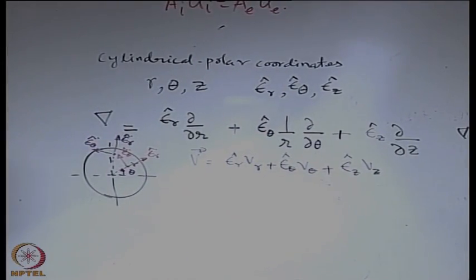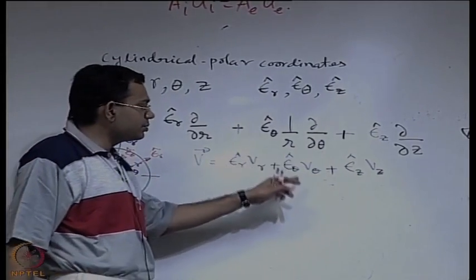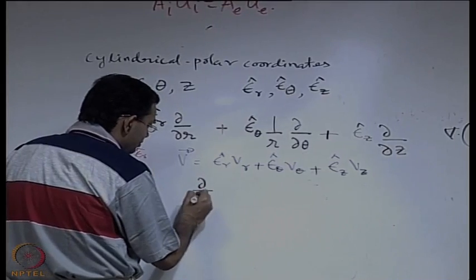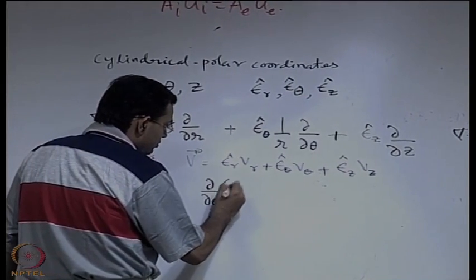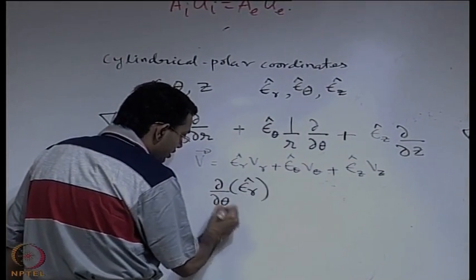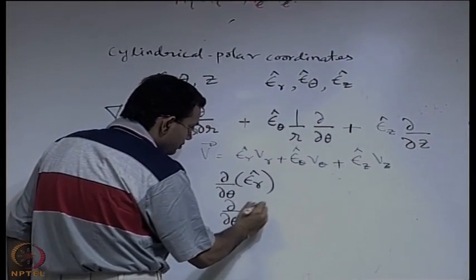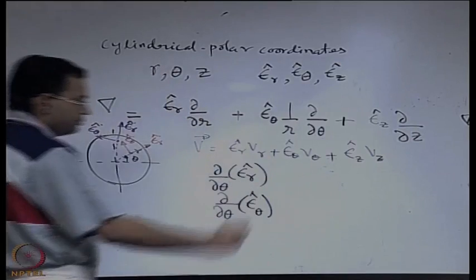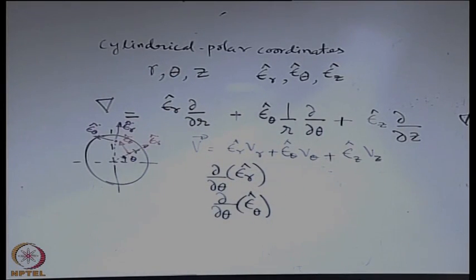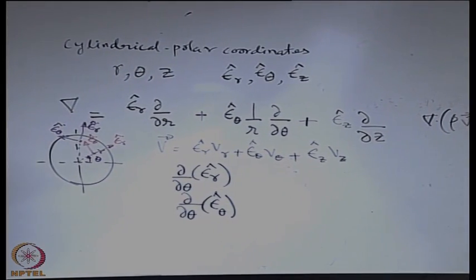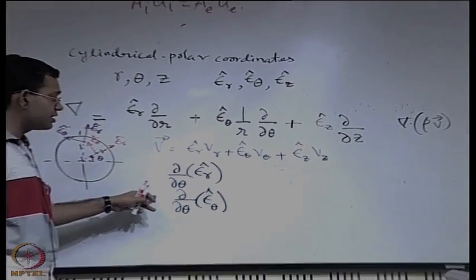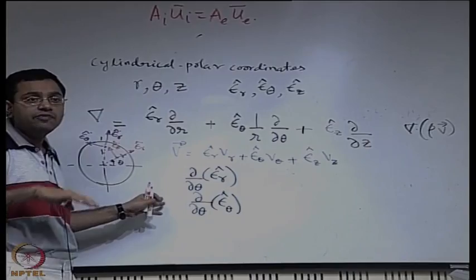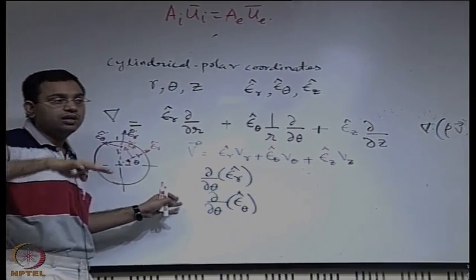So when you are differentiating, it is possible that you have to find out these quantities, and these ones. These kinds of quantities were not relevant for the Cartesian system because of the invariant direction unit vectors.